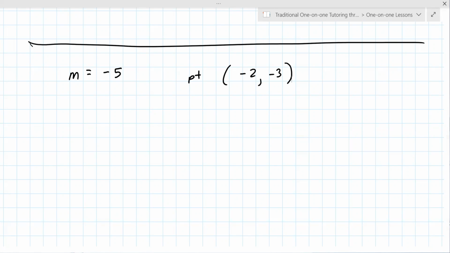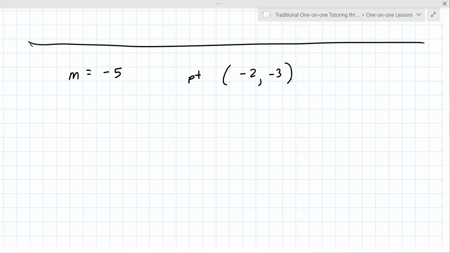Is that what goes there? Do you have the M next to it? Which one is Y1?